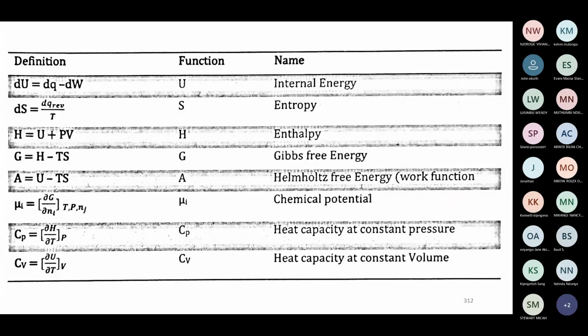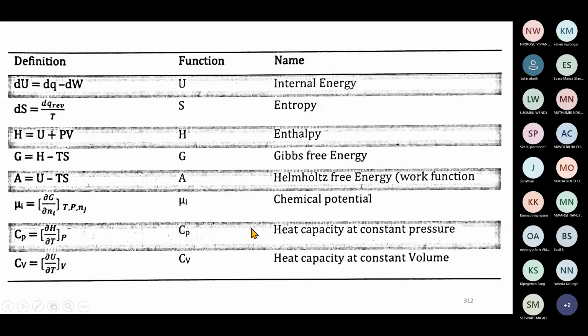And then we have just defined chemical potential, mu_i, given by this expression: the rate of change of G with the composition n_i when T, P, and n_j, the composition of all other components, have been kept constant.